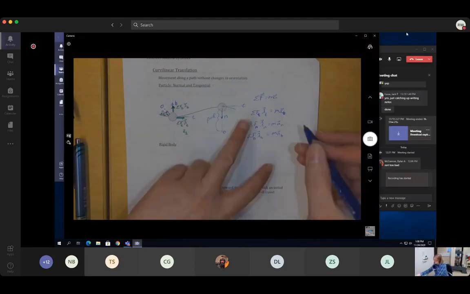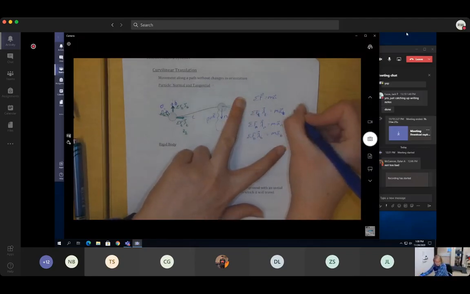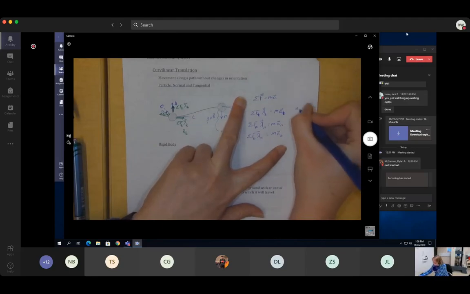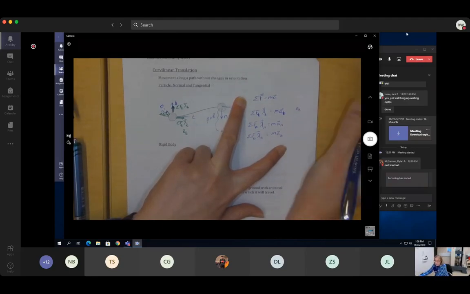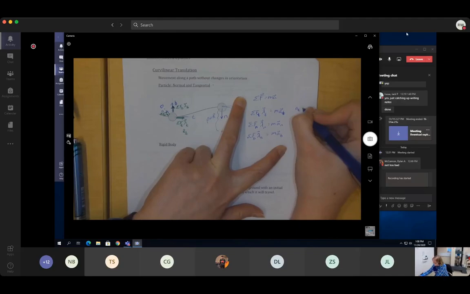Okay, and then as a reminder, this tangential direction acceleration is the derivative of velocity with respect to time. So tangential acceleration a sub t is going to change our tangential velocity.